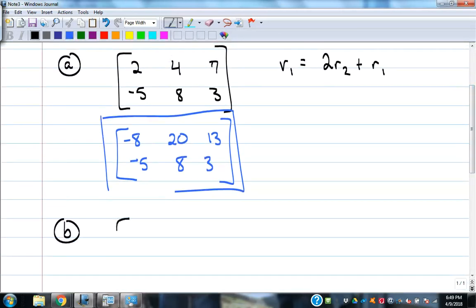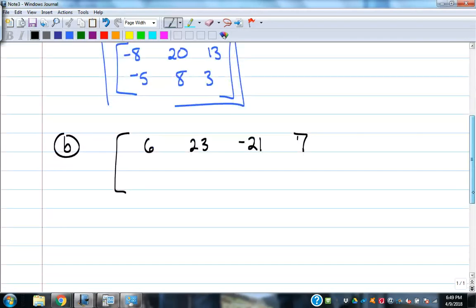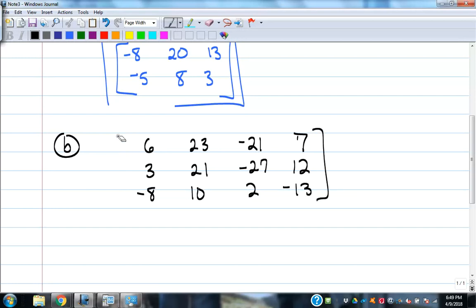Let's get another matrix. Something a little larger. 6, 23, -21, 7. 3, 21, -27, 12. One more row. -8, 10, 2, -13. Need one more bracket big enough.